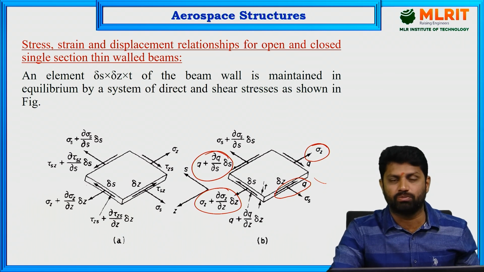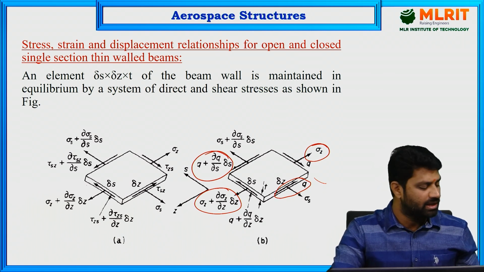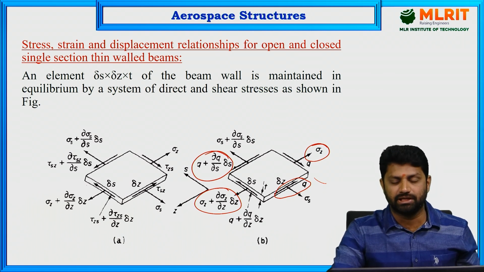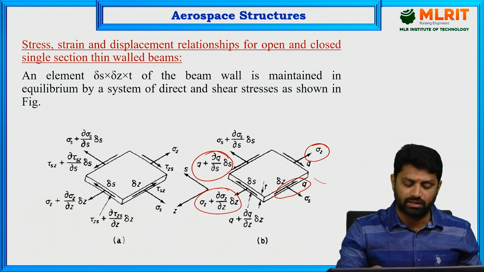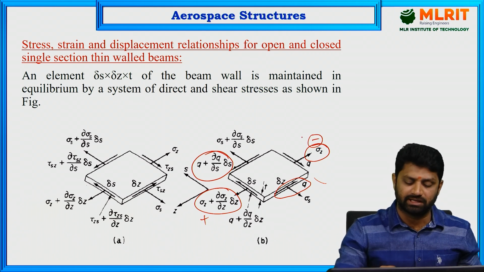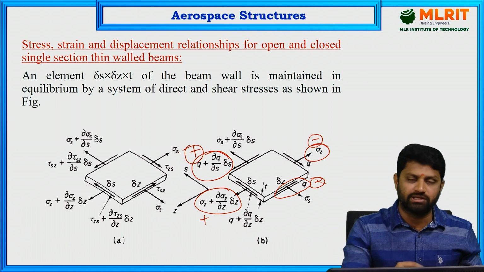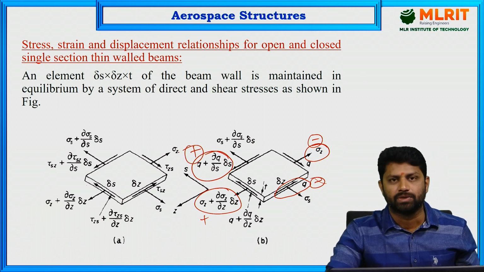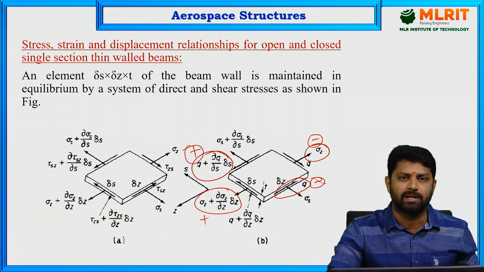So these are the four possible forces that we are going to add in the equilibrium equation in the Z direction. For analysis, you can consider these incremental direct stresses as positive or as negative, so that this will be negative and this positive, vice versa. It is up to you. Either you can consider downward force as positive, or upward force as positive, but you have to take the vice versa, right?